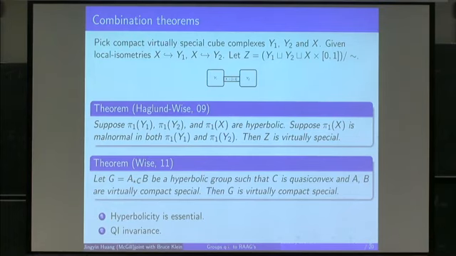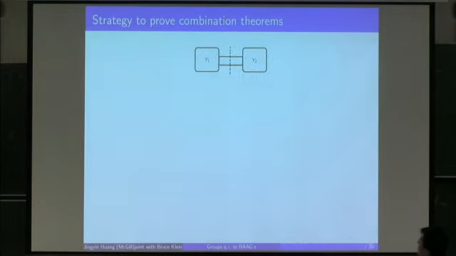So here's the Haglund and Wise strategy to prove combination theorems. We have this graph of spaces, we assume Y1 and Y2 are hyperbolic and virtually special, and we assume malnormality. Our goal is to construct a finite cover which is special.